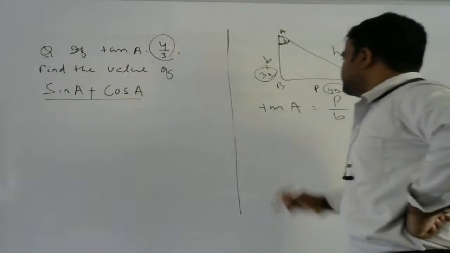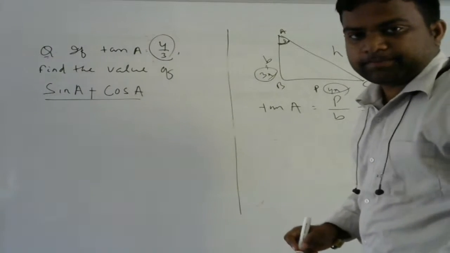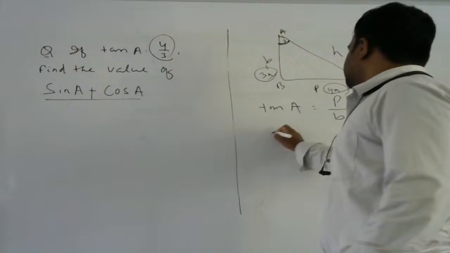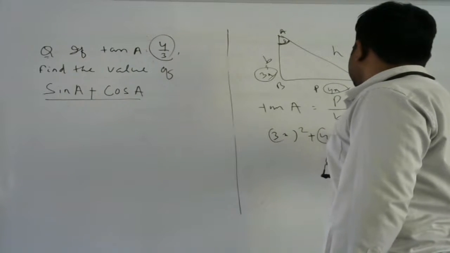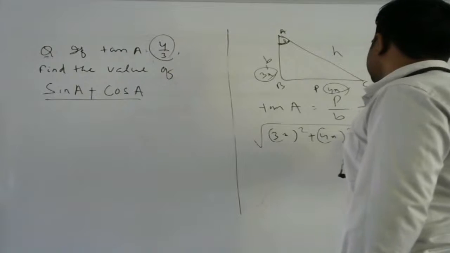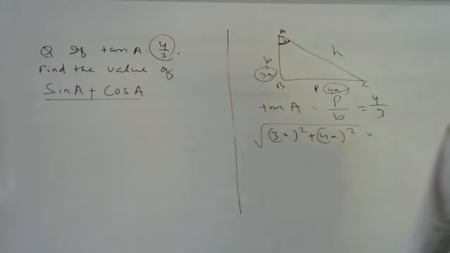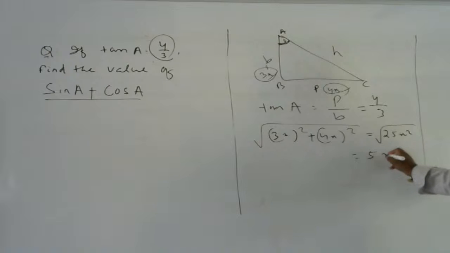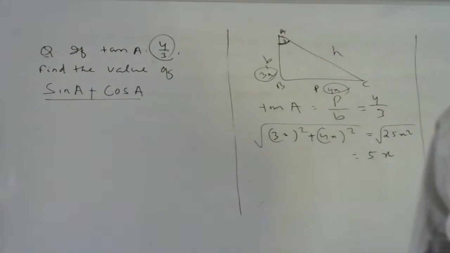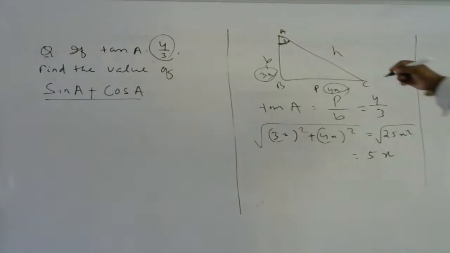Using Pythagoras theorem, you can calculate the square root of 3x whole square plus 4x whole square, that is 9 plus 16, 25x square, which equals 5x. So 5x is your hypotenuse.